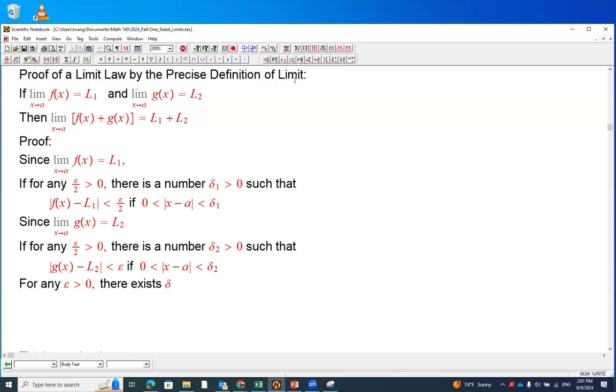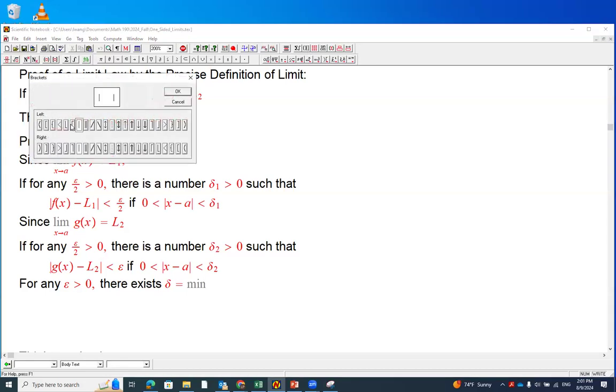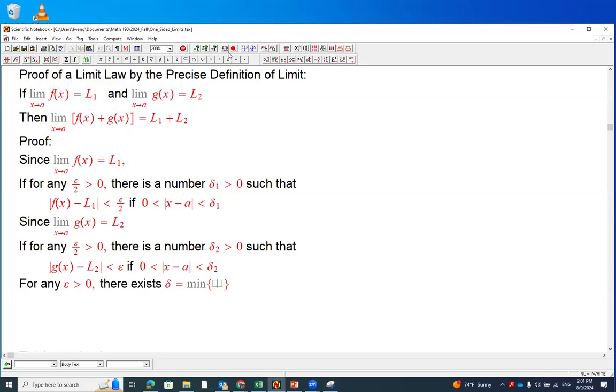So the delta is going to be chosen to be the smaller one, the minimum of the two, delta sub 1 and delta sub 2.